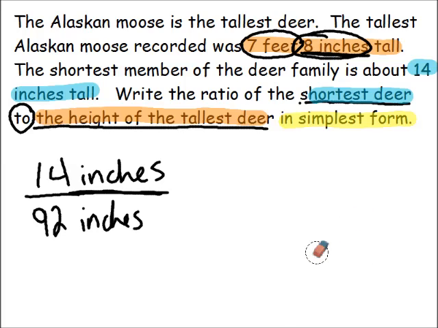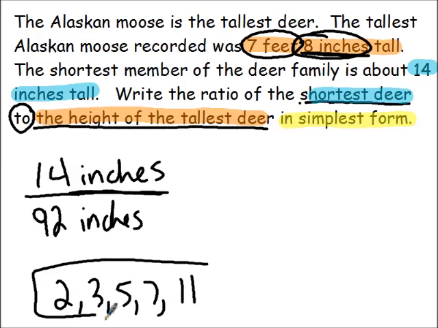And don't forget, we need to put this in simplest form. So we have 2, 3, 5, 7, and 11 to help us simplify. And we can see that these are certainly both divisible by 2. They're both even numbers. So we'll divide 14 by 2, which will give us 7, and divide 92 by 2.